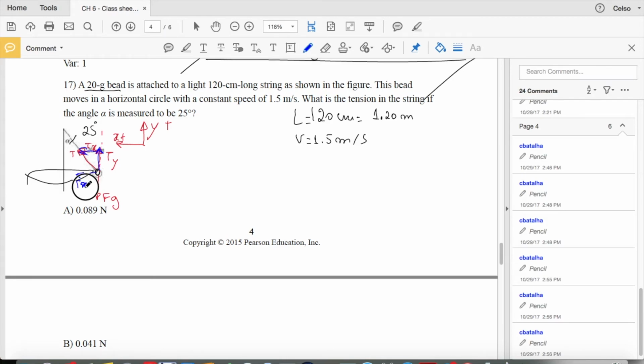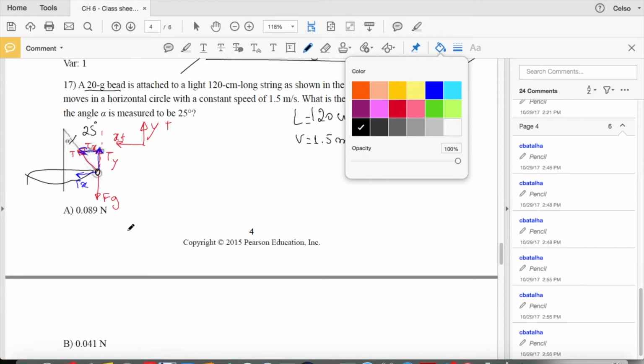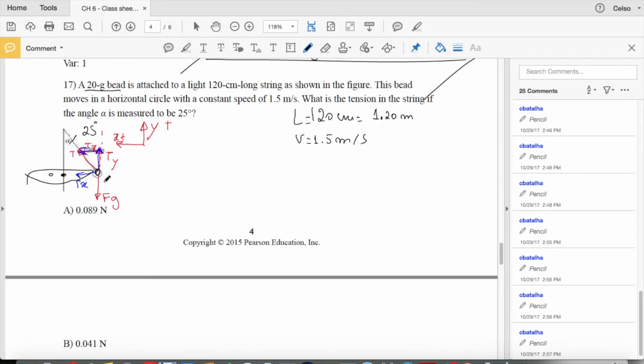Now, as you look at these forces or projections, which ones are turning towards the center of rotation? Here's the center of rotation, O. It is only Tx.